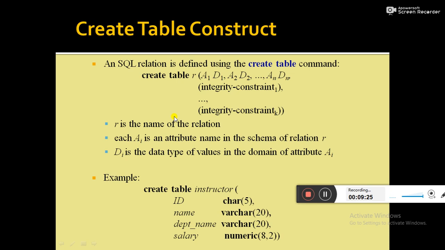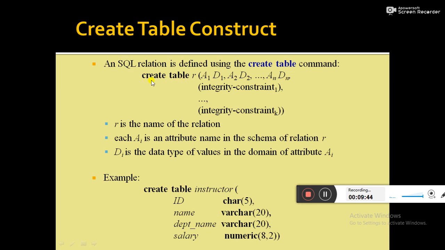That means to store our information, first of all we have to create a table or relation. So how to create a table in SQL? First I will discuss the general syntax. For that you have to use the SQL command create table.